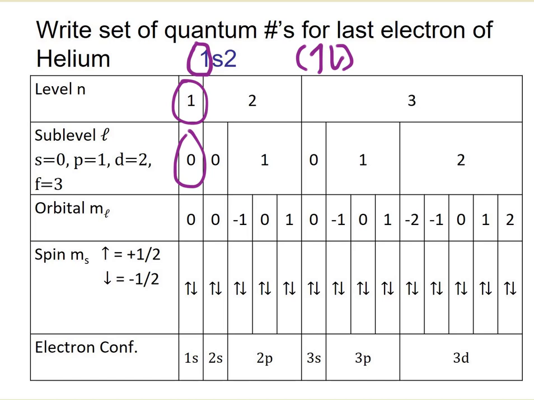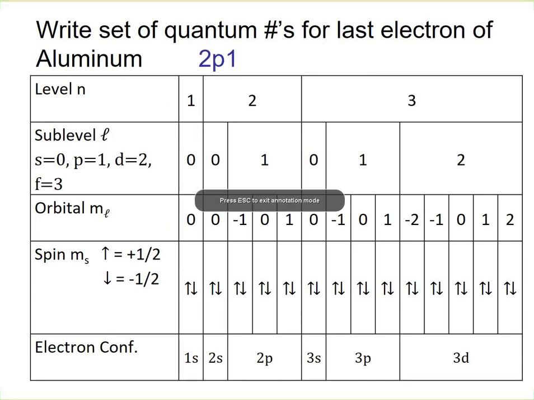And if the second number is a 0, the third number is always a 0 because an s orbital only has one orbital. And so if you start counting with a 0, that's all you have. Okay. And then the spin, either up or down, and the last electron is down, so I have the -1/2. So here's my 4 numbers: 1, 0, 0, -1/2.